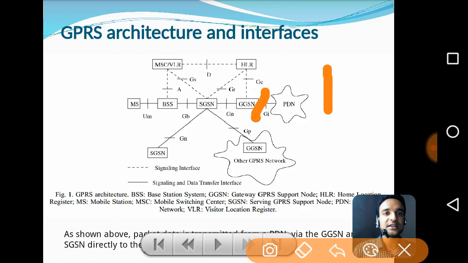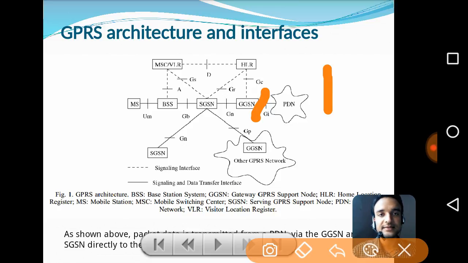So this is the complete architecture. The PDN is connected to the gateway, which is called the GGSN, and from the gateway the MSC is connected, which is also called the SGSN here, the Serving GPRS Support Node. From that SGSN the BSS, the base station system, is connected, and from the base station system the mobile station is connected. So this is the complete architecture.